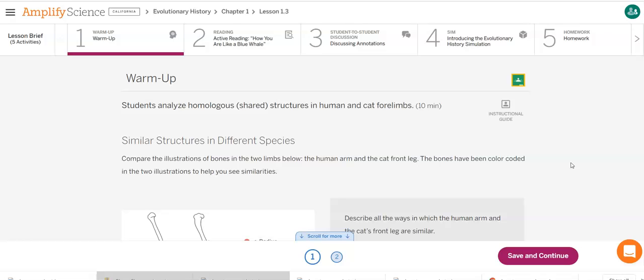Yesterday you should have watched the video on Amplify, looked at the cards and done your comparing and organizing, and then uploaded a doc telling me how you organized them on Google Classroom.